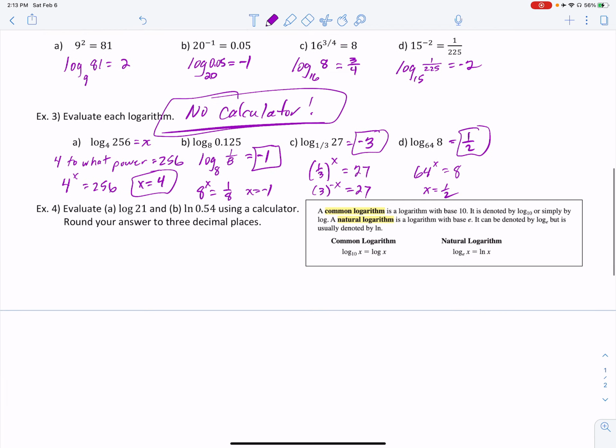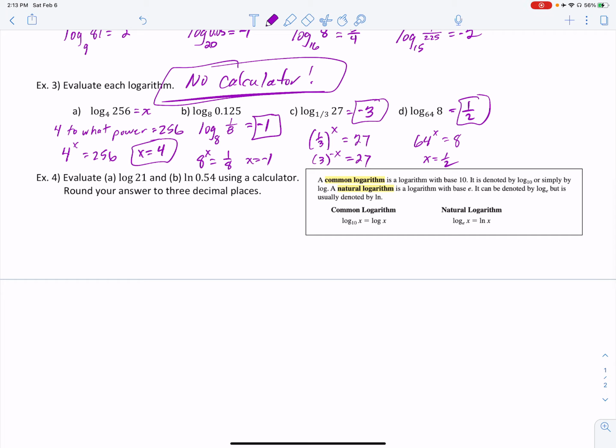All right, then we're going to get to a section that is calculator. And we have a couple of special logarithm bases. A common logarithm is a base of 10.